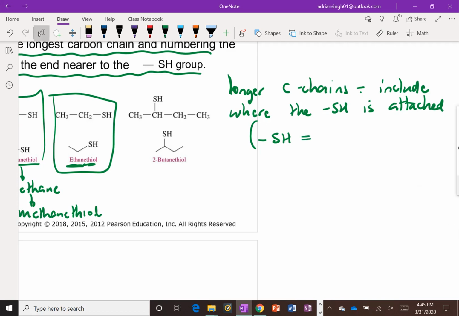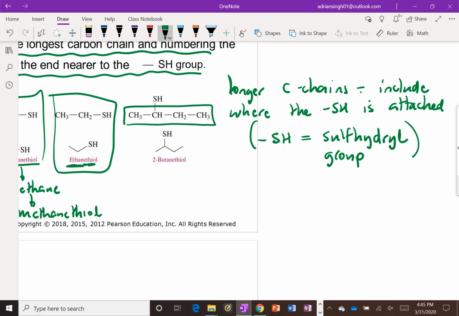The SH itself is referred to as a sulfhydryl group, just like the OH was called a hydroxyl. So in the case of this one here, you can see that the longest continuous carbon chain that has the sulfhydryl attached is 4. So that would be a butane, and there's an SH, so that makes it a thiol. And we'd want to number this chain from the left side to give us the lowest number possible for that sulfhydryl, which is on carbon number 2.